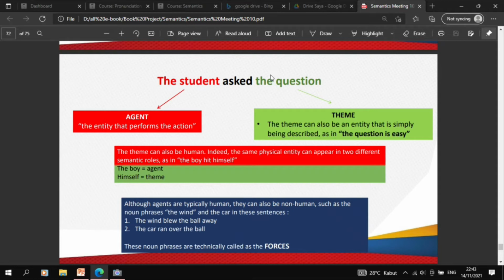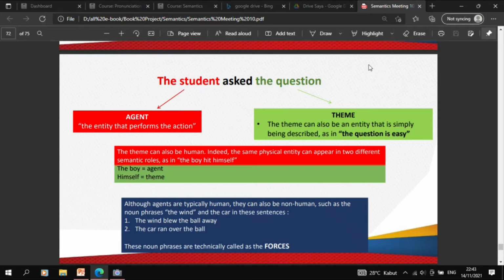Okay, but then what is theme? In this sentence, because the student is the one who asked, we call that the agent. But now what is the theme? The question is the theme. So the theme can also be an entity that is simply being described, the theme of the sentence, so what you are talking about.